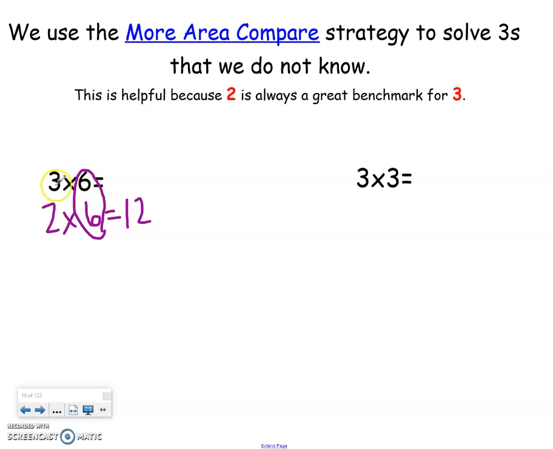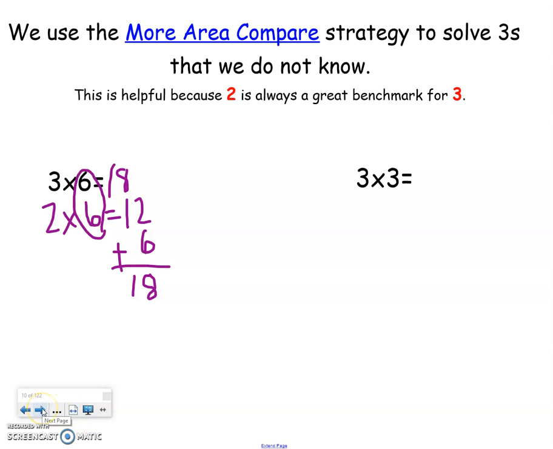So 3 times 6 means there are 3 rows or groups of 6. 2 times 6 means there are 2 rows or groups of 6. My new fact, 3 times 6, obviously has one more row than 2 times 6. So I add that one more row of 6. 12 plus 6 equals 18. So 3 times 6 equals 18.